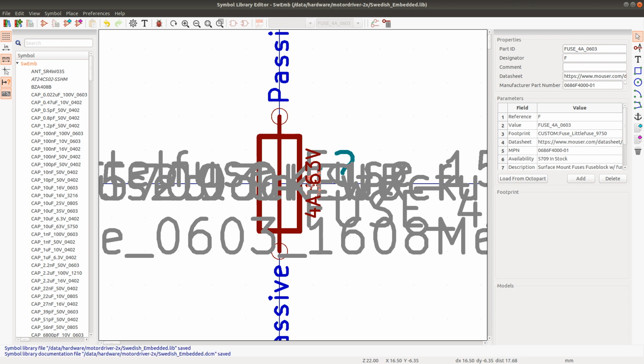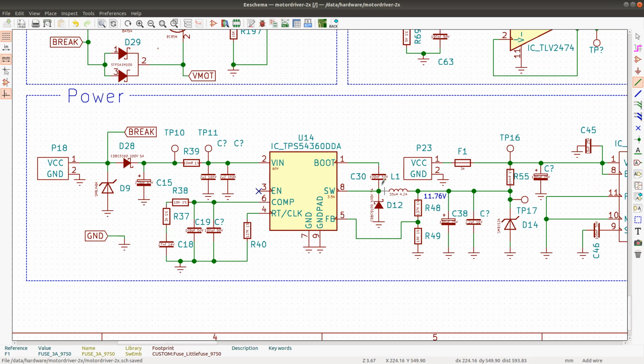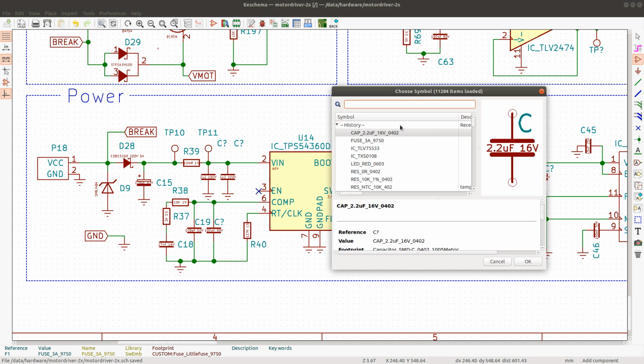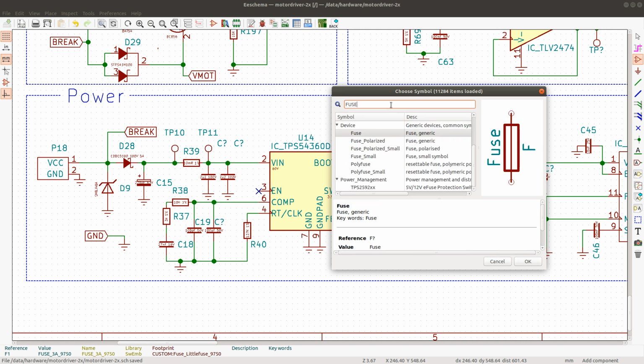Okay. Which doesn't matter in this case because we only have 12 volts. Fuse.